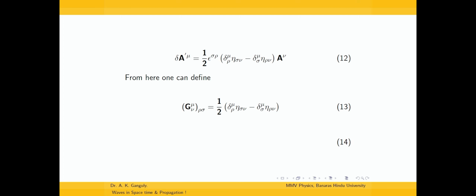And these G's are called the generators of the Lorentz transformation group.